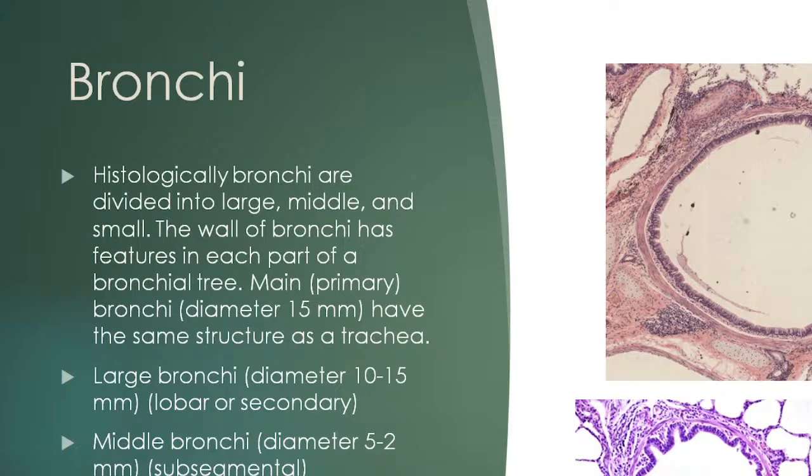We can see lamina propria and muscularis mucosa, which contains smooth muscle cells, and the fibrocartilage layer as isolated plates, big, middle and small parts of isolated plates.